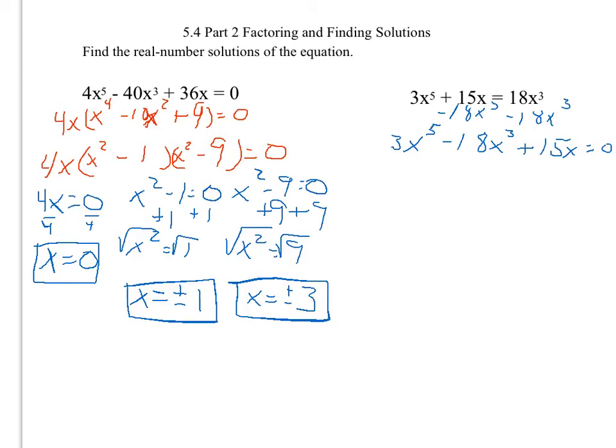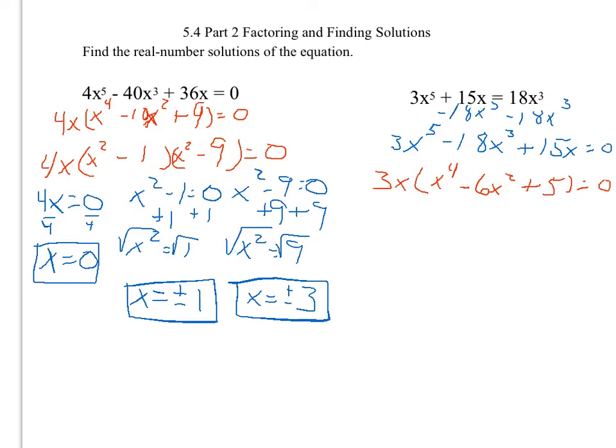So now, the 3, the 18, and the 15, we have a 3 that can come out of all that. So we can go ahead and factor that out, and then we can take an x out of every term. What's left? We'd have an x to the 4th left, minus 6x to the 2nd, plus 5.